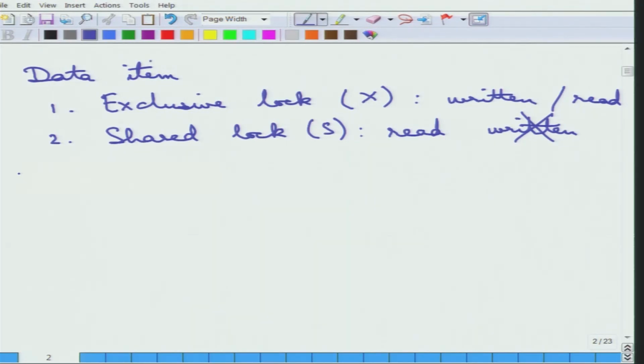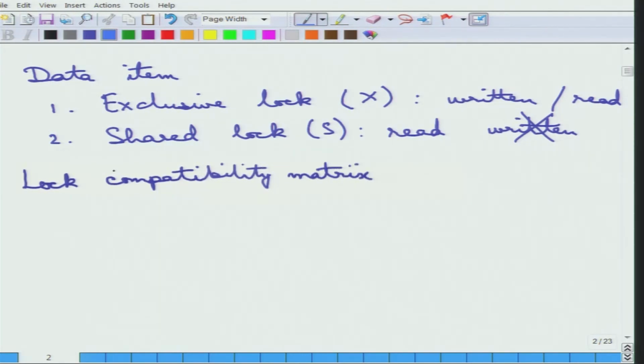And then there is a lock compatibility matrix that defines the compatibility between the different kinds of locks. Suppose there are two transactions locking the same data item, otherwise there are no conflicts and there is no issue. The row denotes one transaction and the columns denote another transaction.